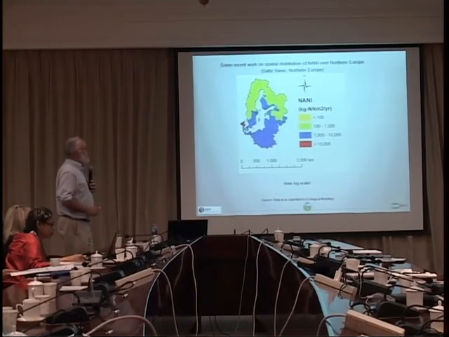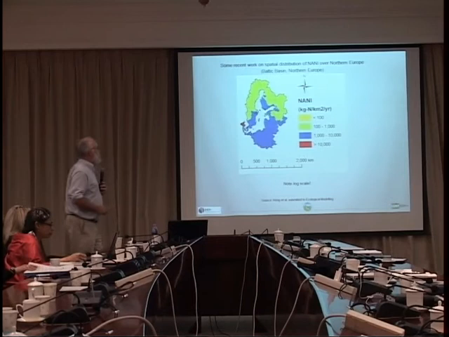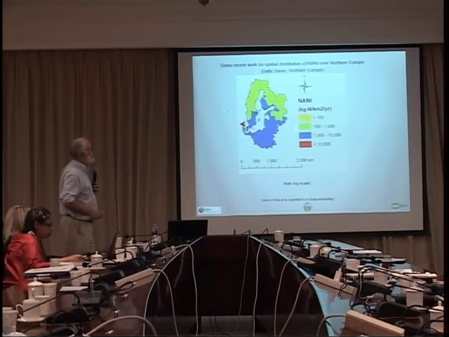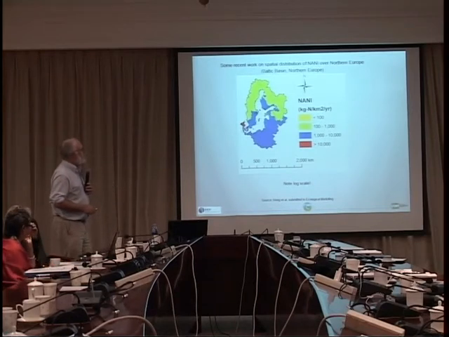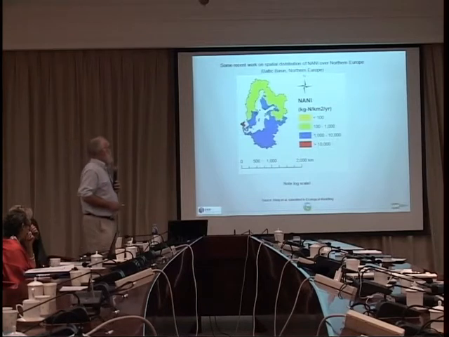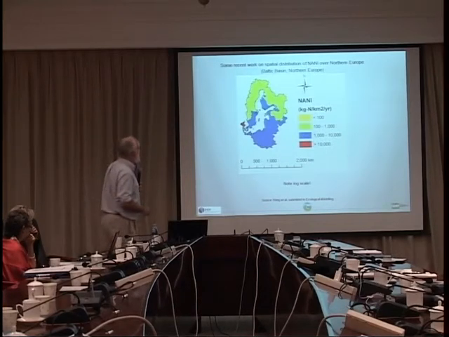This is again some work that we did. This is the Baltic drainage basin in northern Europe. If you look at the numbers on here, it roughly corresponds, it agrees to the numbers that the LOICZ analysis came up with.